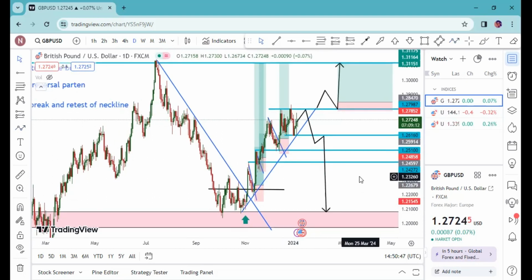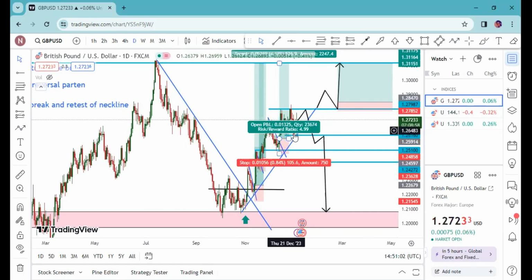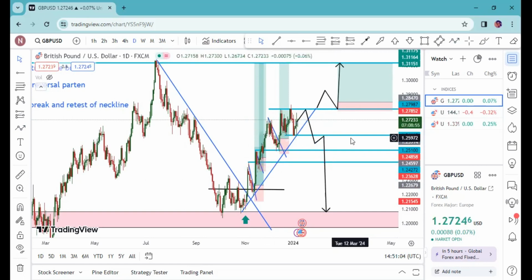As simple as that. If the market cannot break this high to form a higher high and it comes and breaks this low and retests this neckline, I will go for a sell.